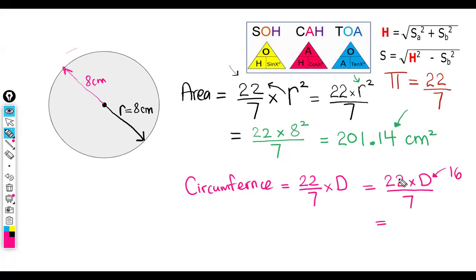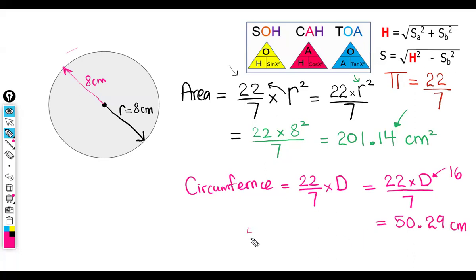So take 22 multiplied by 16 and divided by 7. I'm getting this to 2 decimal places. No problem, Deshaun. 50.29 centimeters. Now, my circumference is a distance, right?